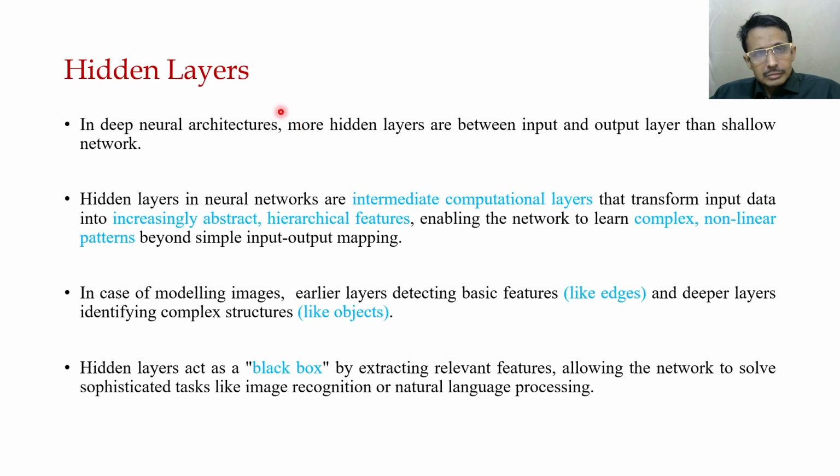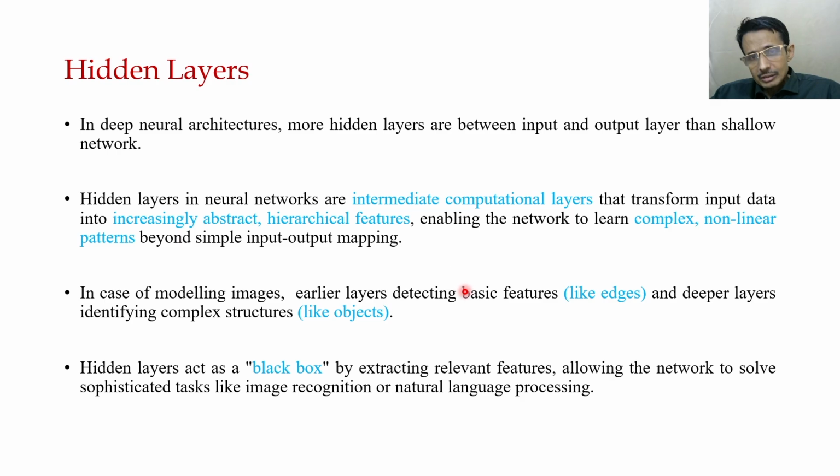So we know that for deeper structure, there are hidden layers between input and output. Now these hidden layers are intermediate computational layers, and we have also discussed that they transform the input data into increasingly abstract and hierarchical features.